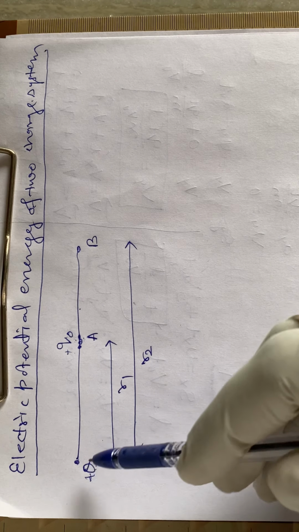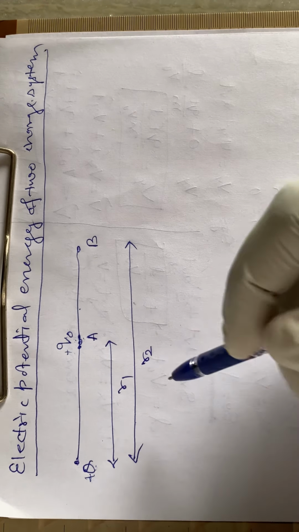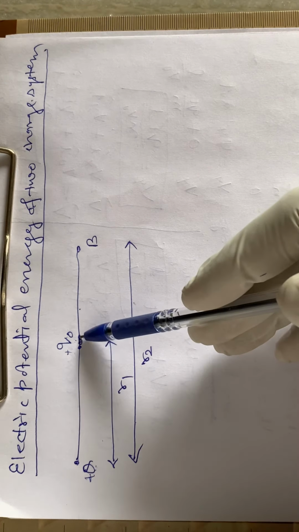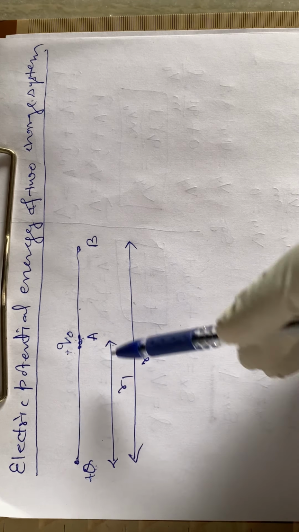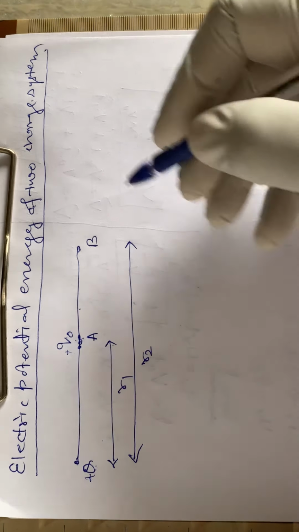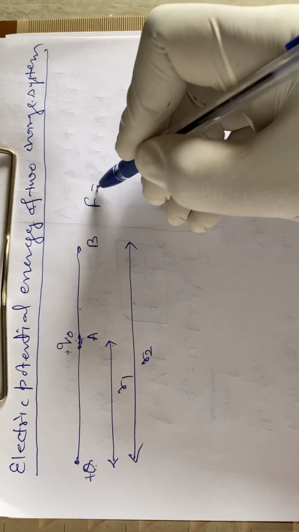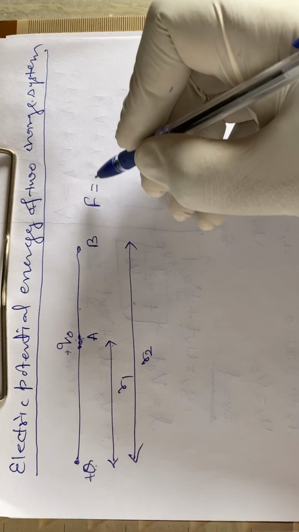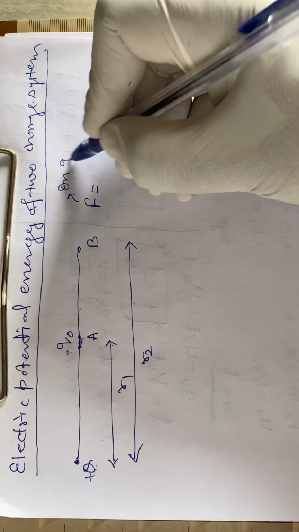So how can we find the potential energy of this charge configuration? Let us say again, this Q naught charge is at a point A, which is at a distance R1 from Q. First, let me write the expression for the force on Q naught.